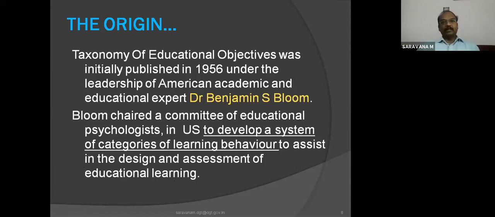For suppose in primary, upper primary, secondary, higher secondary, undergraduation, post-graduation, and research, these are the 7 levels of education system in the academic field, like in our DGT, CTS, and apprenticeship training and all that.